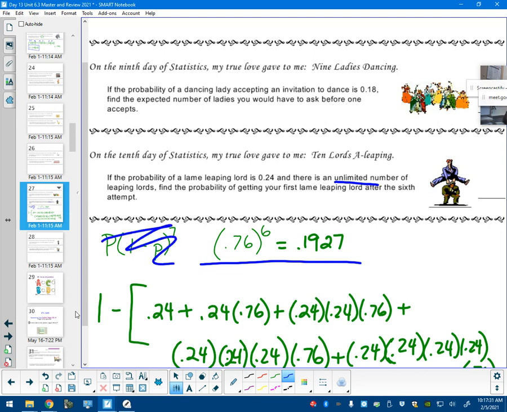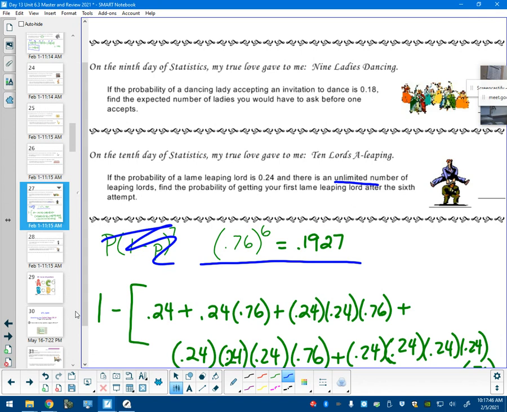Okay, that's the formula. Now that feels kind of odd, like you can understand, okay, well then when does it occur? Well, it occurs then on the 7th, or you could have 8 failures and get it on the 9th or whatever.